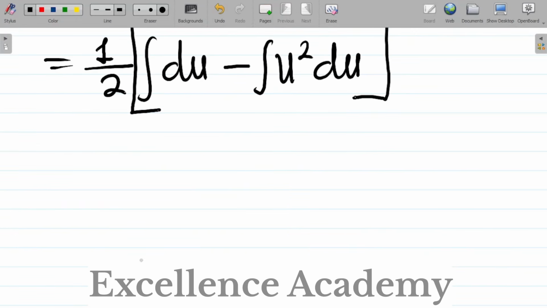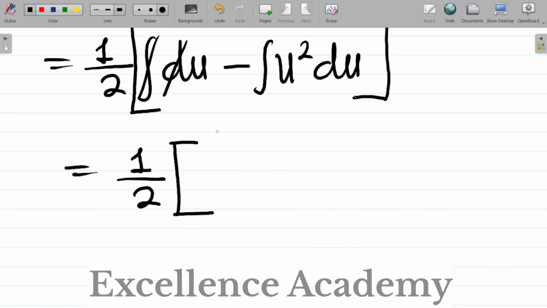Proceeding from here, this will give you equal to 1 all over 2 multiplying the integral of du. All right, so d cancels this. The integral of du gives you u. All right, so note that the integral of du is u minus, if I want to integrate u squared, that becomes u to the power, add 1 to the power, that's 2 plus 1 all over 2 plus 1.